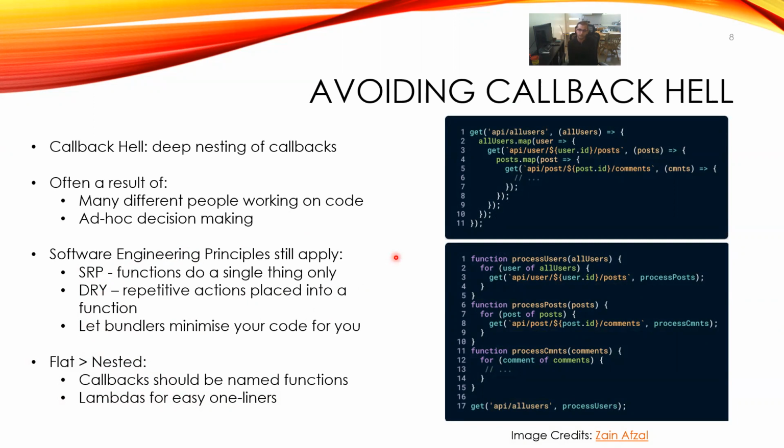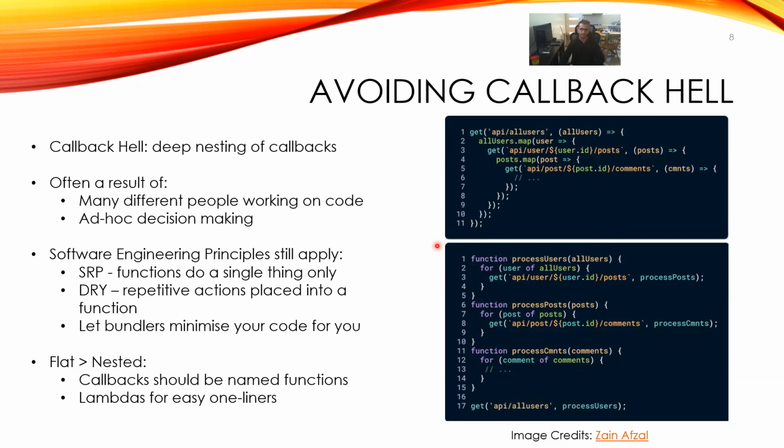And so the idea of avoiding callback hell is that we should definitely apply these software engineering principles, right? Functions should only do a single thing. These callbacks do a single thing, but their usage context is wrong, right? We should split out these things into separate functions. It's much easier to read like this, much easier to maintain, much easier to avoid the hell that is callback hell, right?